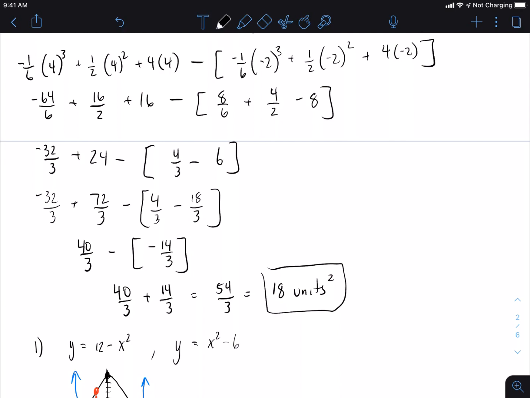Good. I forgot to bring the negative over. Yeah, second part, and I got 6.